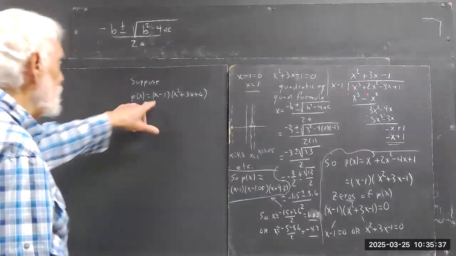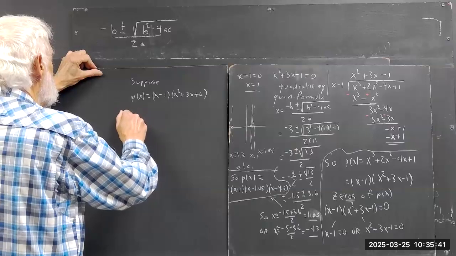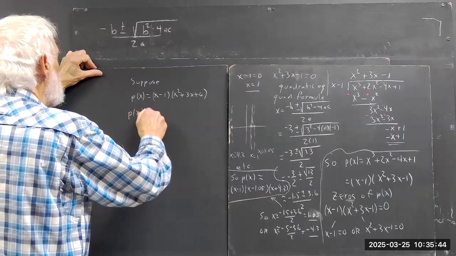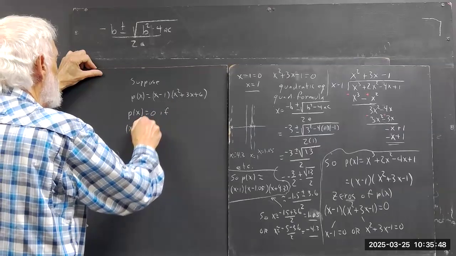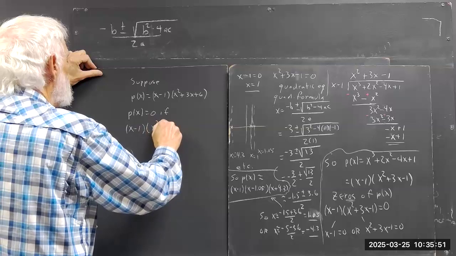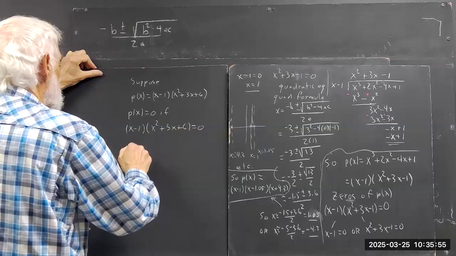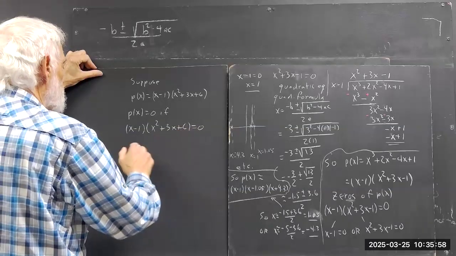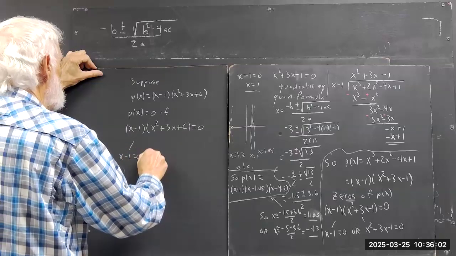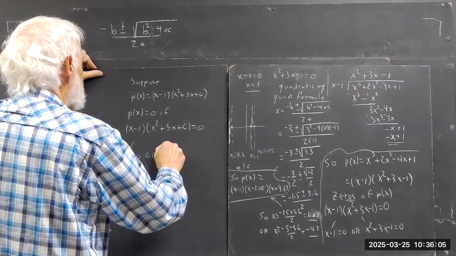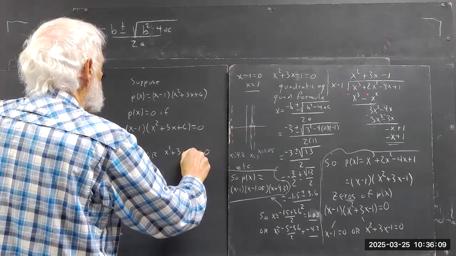Now, if we have this, so this equal to 0 splits into this equals 0 or this equals 0.